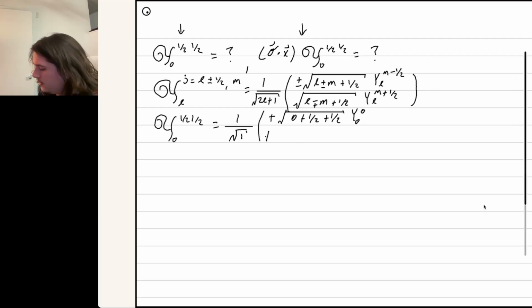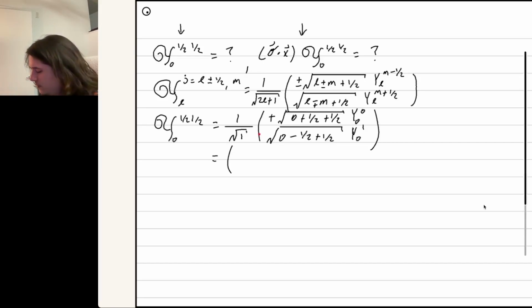And then we have a square root of 0 minus 1/2 plus 1/2, Y 0, 1. But minus 1/2 plus 1/2 is 0, so the second component of this function is just 0, and so we just have Y 0, 0 and 0 for the components of the function.